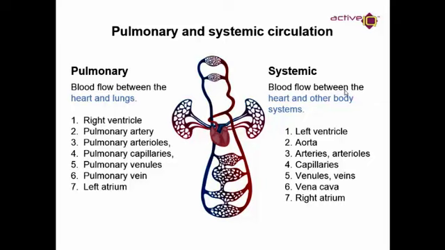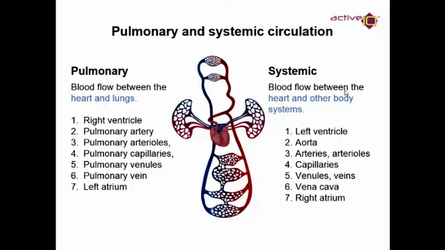From there, we go left atrium, left ventricle, and we go through the aorta, which is the big, strong artery. We pump the blood all around the body, and as we go around the body, we go into different arteries and arterioles and capillaries, so that the blood can be distributed to the muscles.